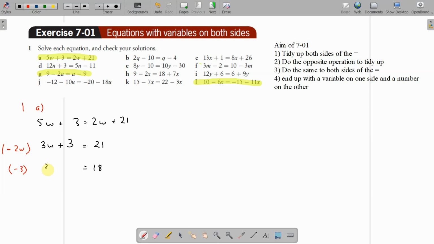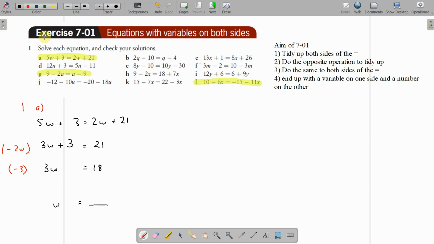So the 3w stays, but the plus 3 minus 3 is nothing, so that's gone. So the whole idea is to remove things that shouldn't be there by doing the opposite. The first thing was to remove the variable here, the second thing we remove the number there. Now we're getting close, but we've still got to get to w equals something.